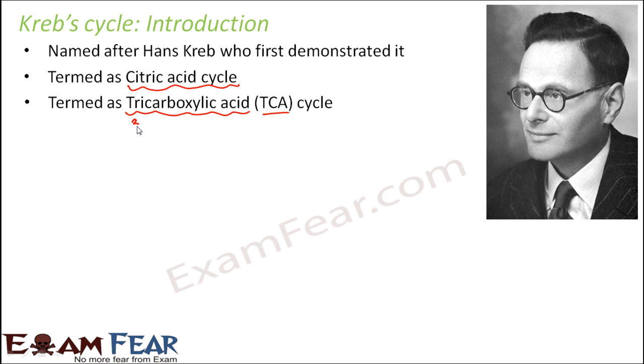Tri means 3, carboxylic, that is carboxyl groups. Since citric acid has 3 carboxyl groups, that is why it is called tricarboxylic acid cycle. Now, in many of your textbooks, you would find these names being used interchangeably. Krebs cycle, citric acid cycle, and TCA or tricarboxylic acid cycle.